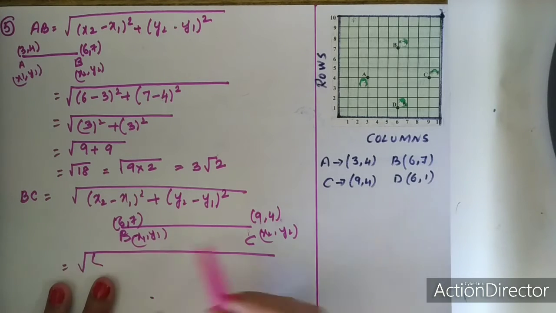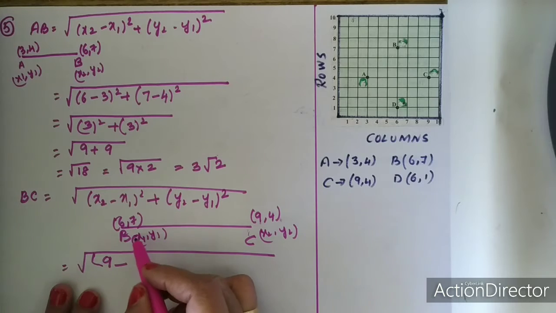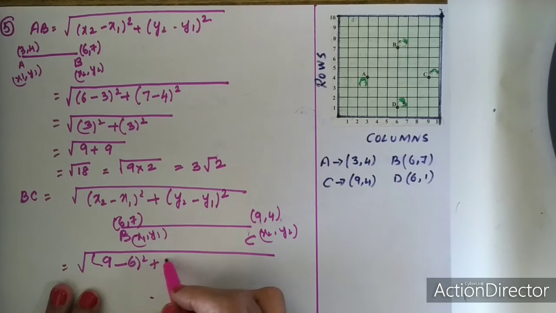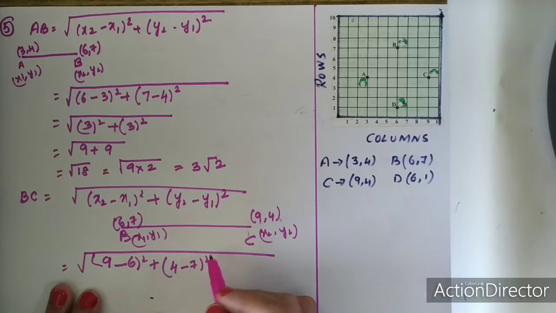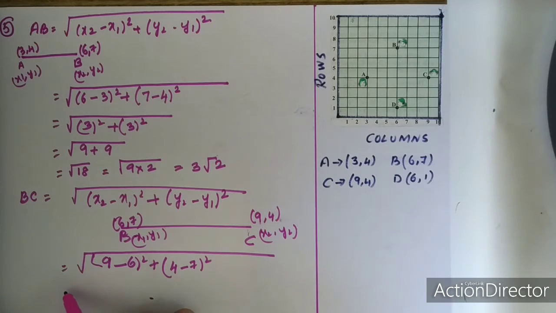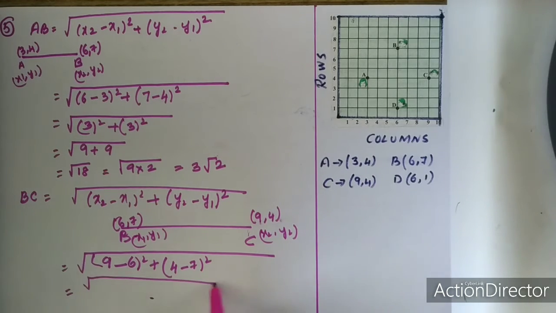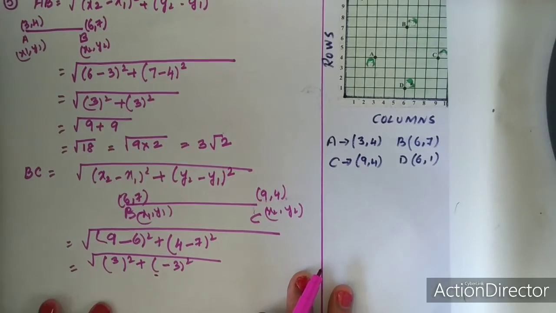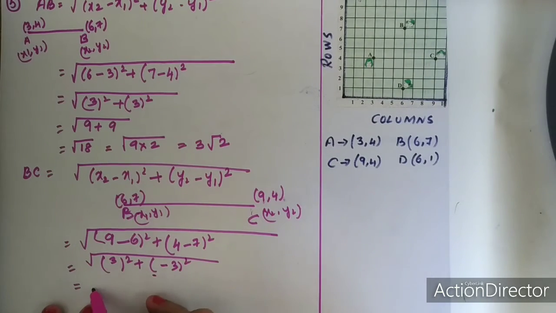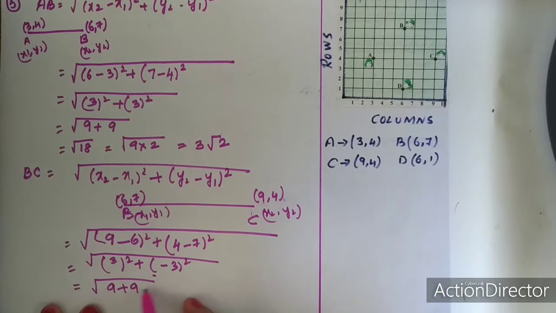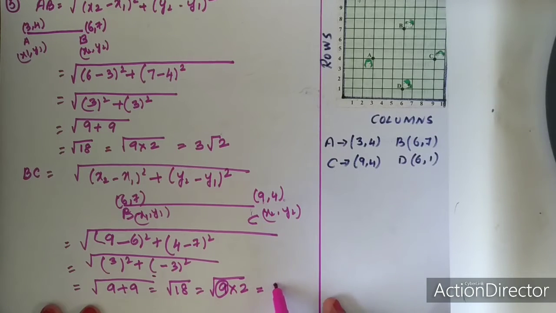So what is x2 now? x2 is 9. (9 minus 6) whole square plus (4 minus 7) whole square. So this is equal to under root of 9 minus 6 is 3 whole square plus 4 minus 7 is minus 3 whole square. What is 3 whole square? It is 9 plus 9, which is equal to root 18. Again root 18 can be written as 9 into 2. Square root of 9 is 3. So my answer is 3 root 2.